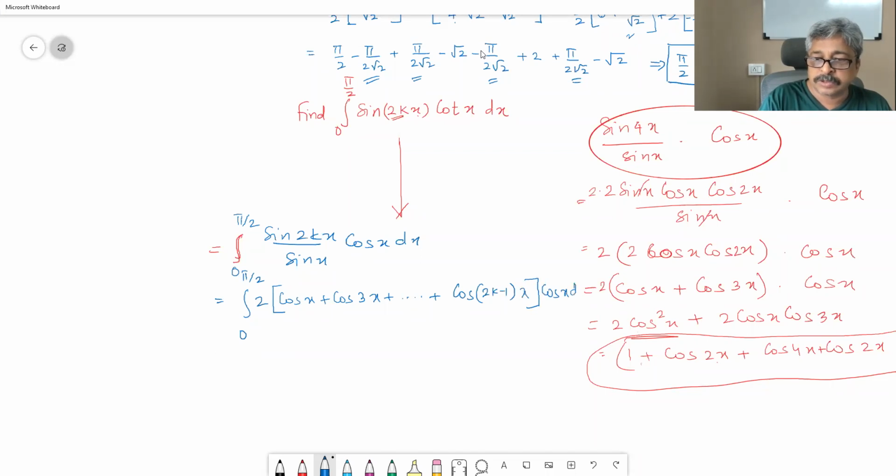Cos x dx. Now, how do we get this? I have demonstrated for k equal to 2 here.